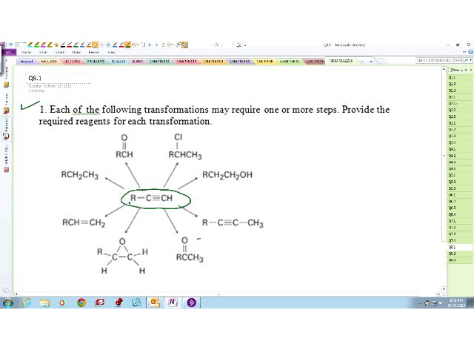Notice what we have here. Our focus is the carbon-carbon triple bond, and this R here could be any alkyl group. It could be this, it could be a methyl, it could be a cyclohexyl.